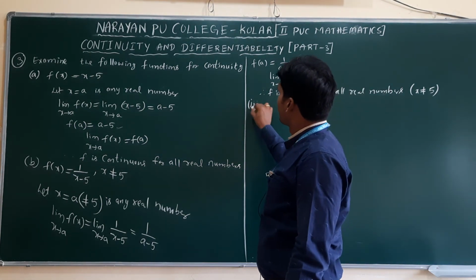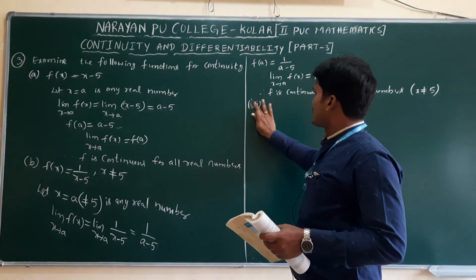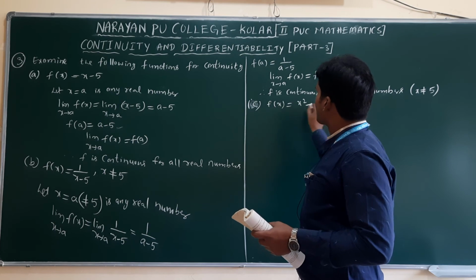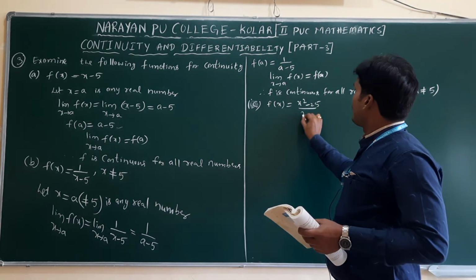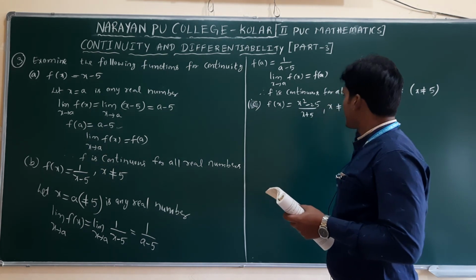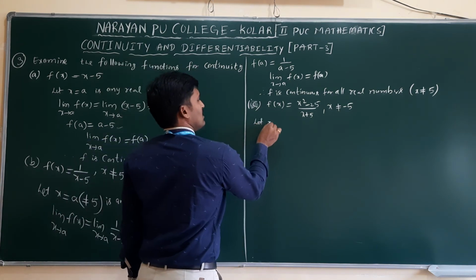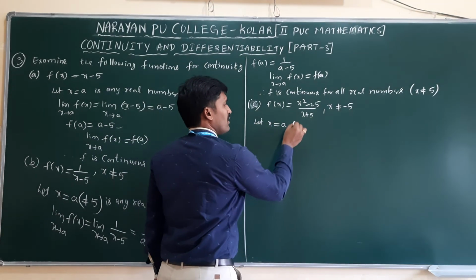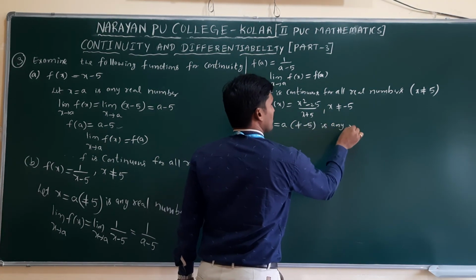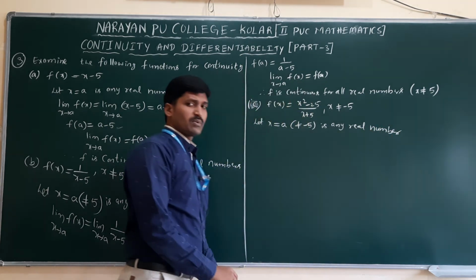Next, the third question, or (c) we can take. f of x equals x square minus 25 by x plus 5, where x is not equal to minus 5. In the same manner, let x is equal to a, which is clearly not equal to minus 5, any real number except minus 5.